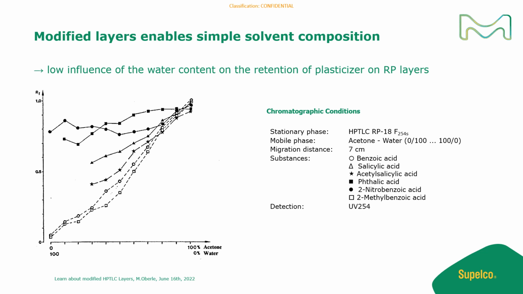This example shows the influence of the water content in the solvent on the retention of the plasticizers on an RP18 layer. The influence is much lower than on a normal phase system, which is shown in the next example.